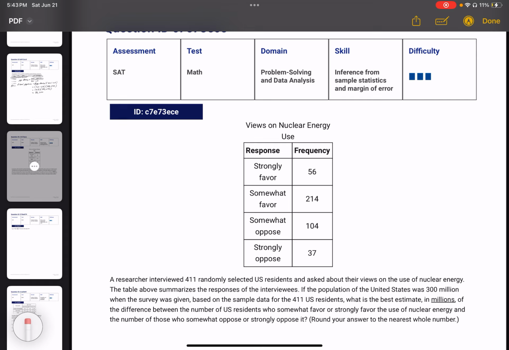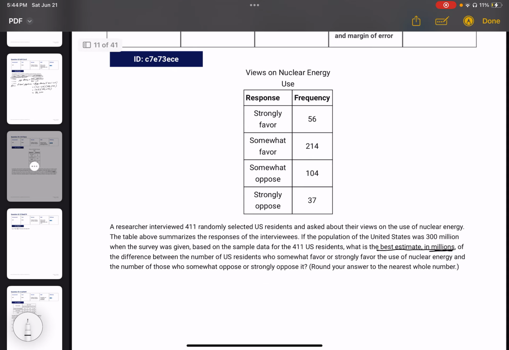And then round your answer to the nearest whole number. So when it says round your answer to the nearest whole number, it's really saying to the nearest million because it's the best estimate in millions. That's a thing you have to catch on to make the problem a little easier.